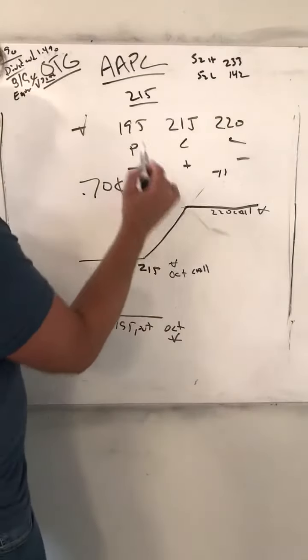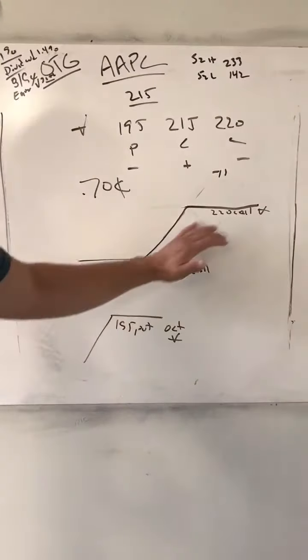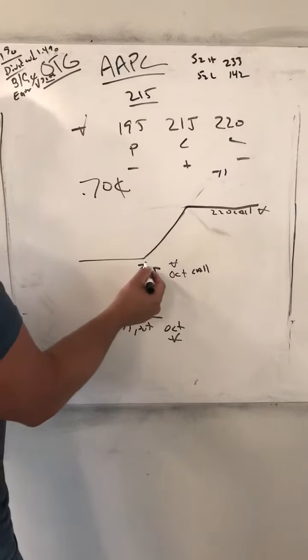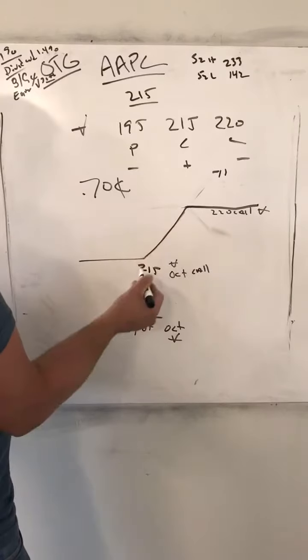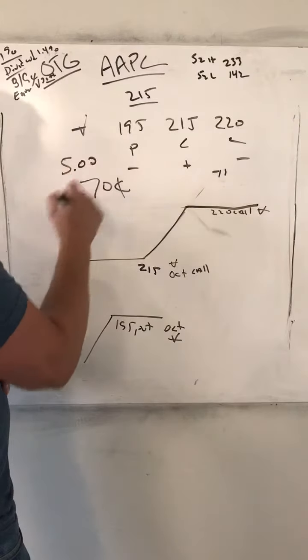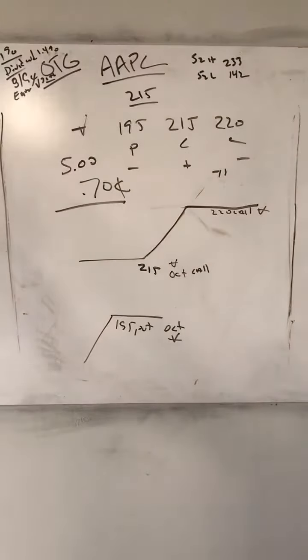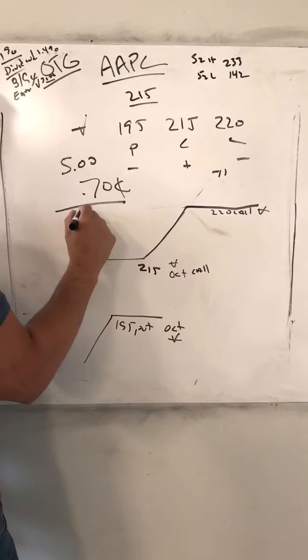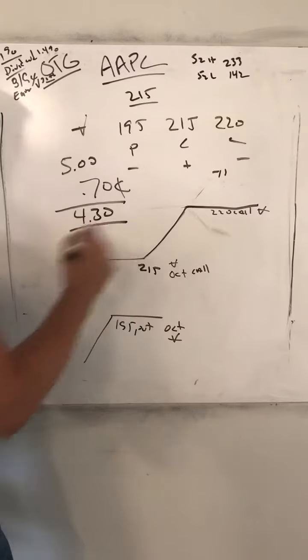And we will make the first 5 points on the upside, and then we'll be out of the trade. The trade cost us 70 cents. The max distance is $5 in the call spread. Right, it cost us 70 cents. So Dave, what's the max profit? $4.30. $4.30, right?